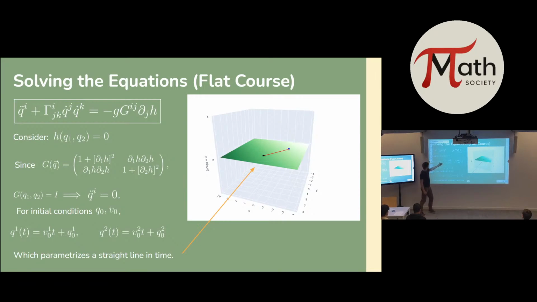And this is a partial derivative of H, which is also 0. So we have 0 here, and 0 here. Just trust me. Remember, the Christoffel symbol is partial derivatives of G, and G is a constant in every entry.